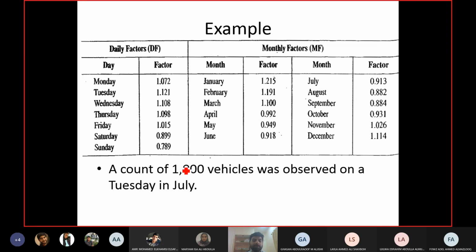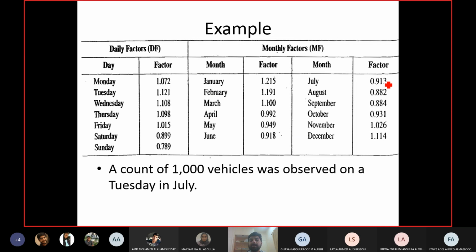As I said, we will multiply the count which is taken for a day on the coverage count, which is 1000. Now 1000 should be multiplied with the daily adjustment factor of Tuesday and the monthly adjustment factor of July. So 1000 multiplied by 1.121 and 0.913.